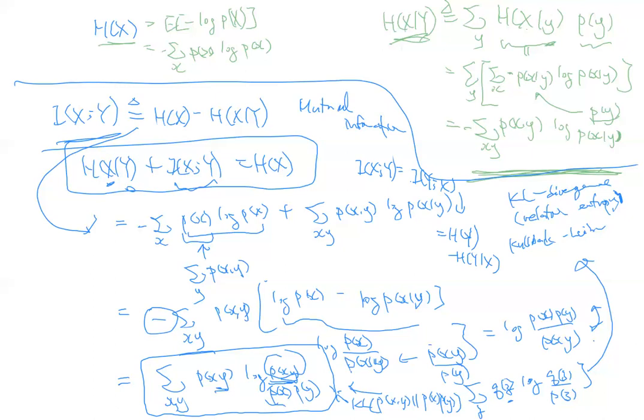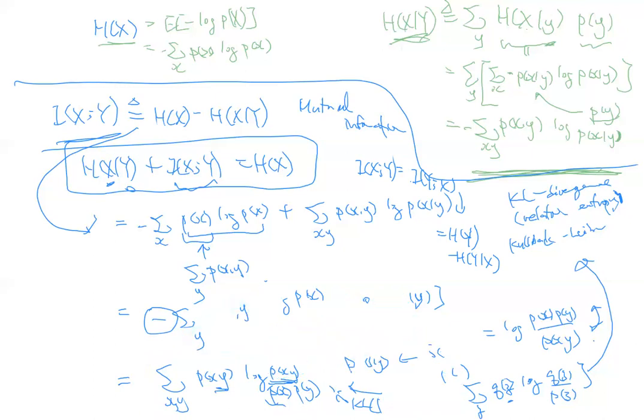Let me use another blank page here. So I(X;Y), if you derive that, is H(X) minus H(X given Y), which is also H(Y) minus H(Y given X).